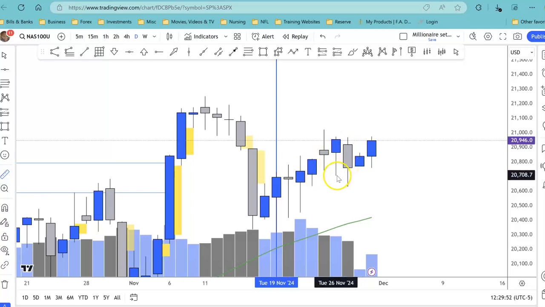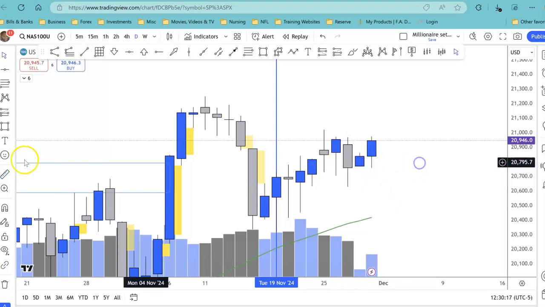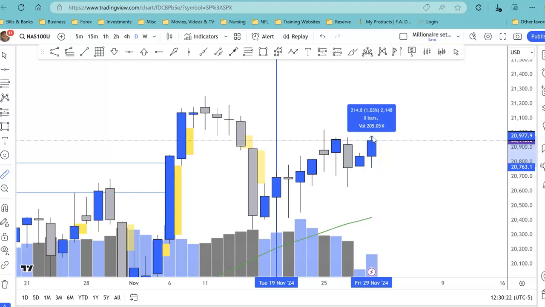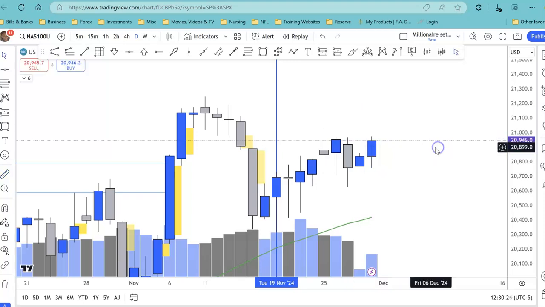Day 5, 258. Here's day 6 for you, about 330. Day 7, about 90. And then day 8, we have about 209.